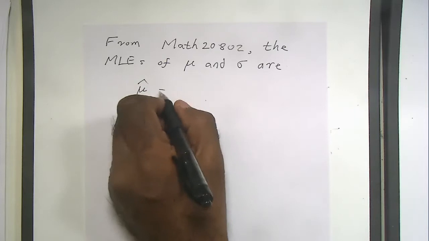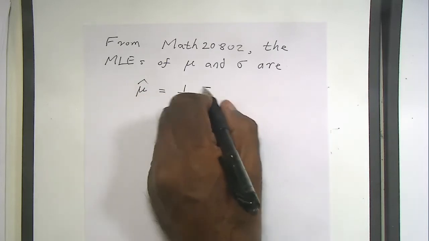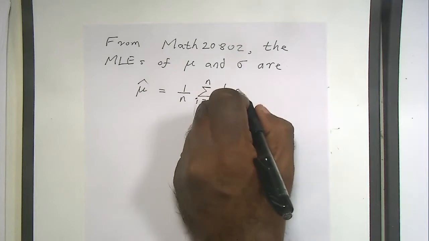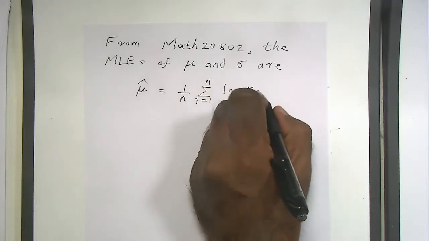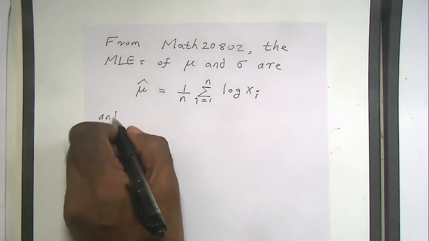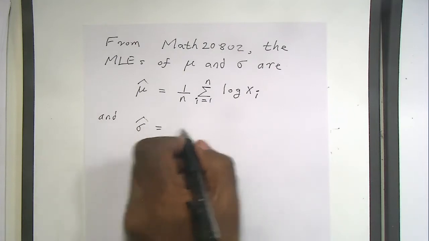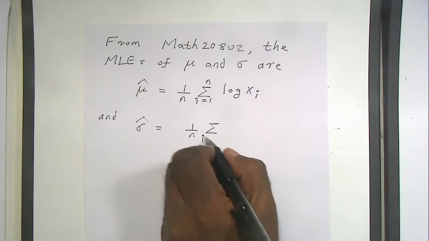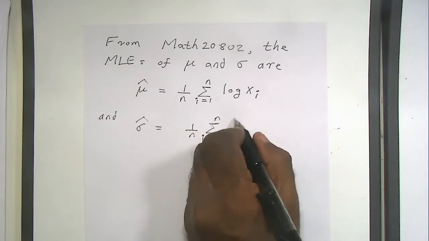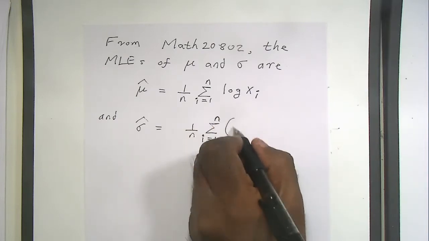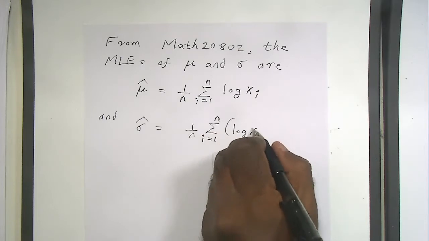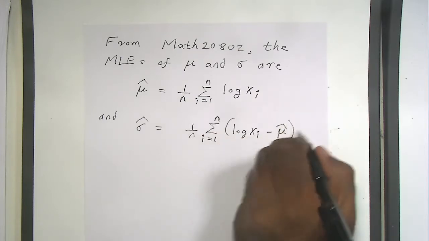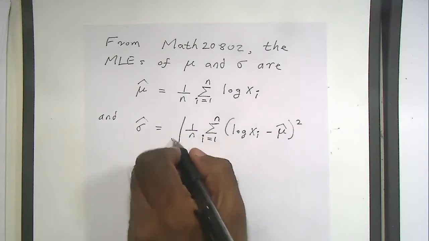Mu hat is equal to 1 over n times the sum of log of xi, and sigma hat is 1 over n times the sum of log of xi minus mu hat squared, and you need to take the square root of the whole thing.